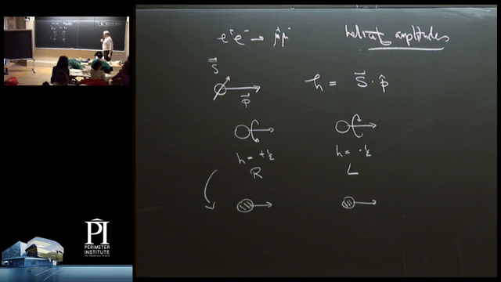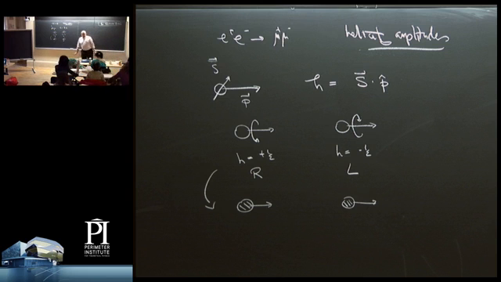Helicity is pretty useful in general. And actually, at the very end of the course, I'll apply helicity to the analysis of the top quark decaying to a W boson. So that's a massive particle decaying to another massive particle, plus a bottom quark.